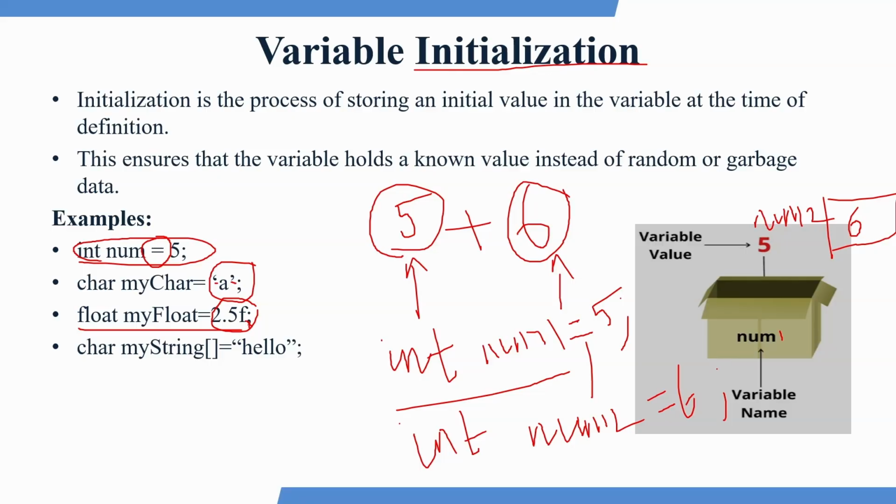So if you want to explicitly mention that this is a float type value, you can mention the f symbol here. Then, if you want to store a group of characters, there is no separate data type here. We need to use characters with an array. This concept we will study later. As of now, you just need to know how to initialize the values.